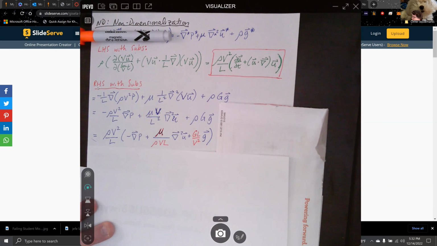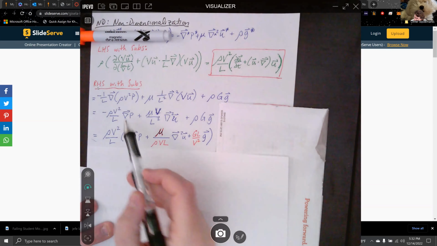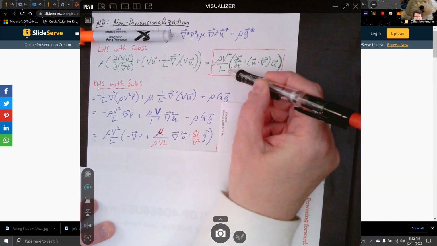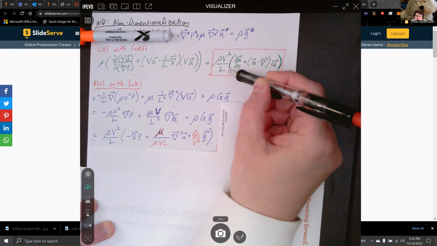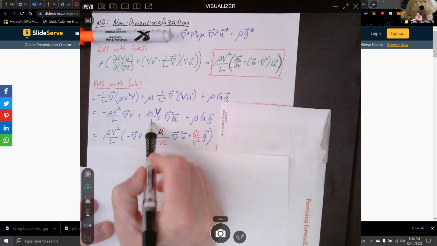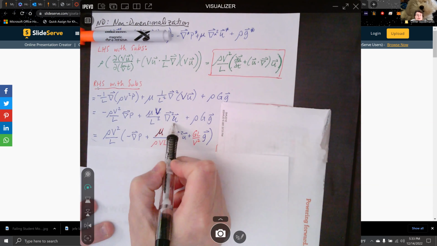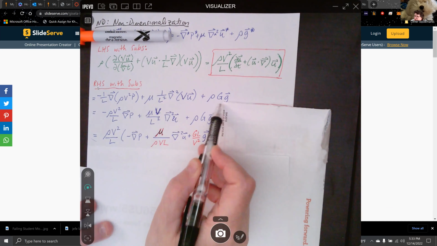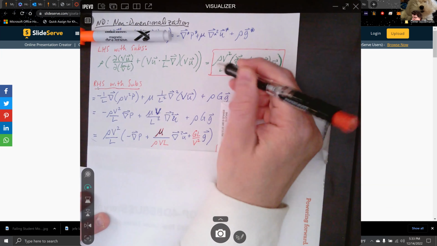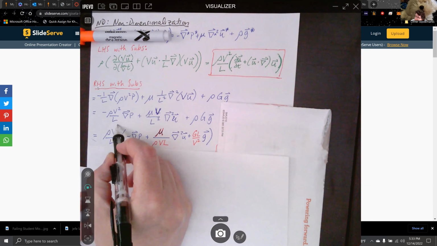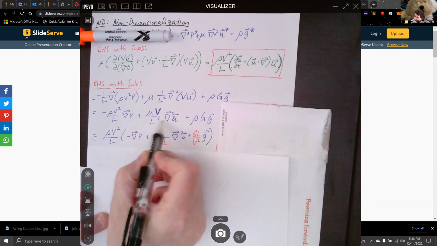So we want to clean this up a little bit. What do we got going on here? This one clearly has a rho V squared over L, which is good. That matches this. Here we've got mu V over L squared when we pull out all the things times the Laplacian of U. And this hasn't changed much. And so if I want to factor out this rho V squared over L right here, I need to do a little bit of mojo.